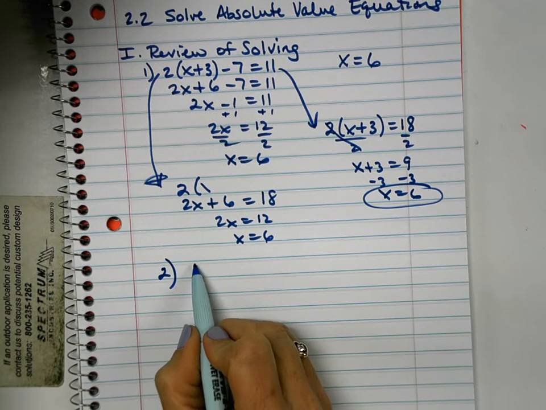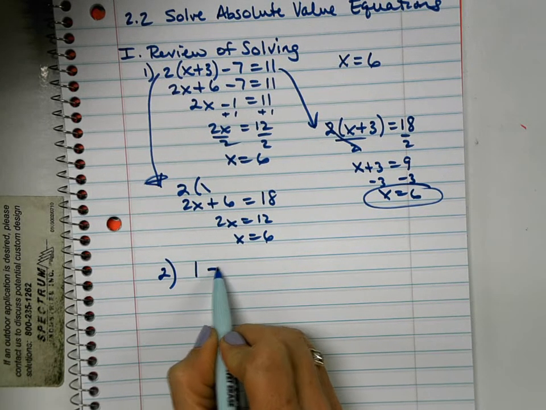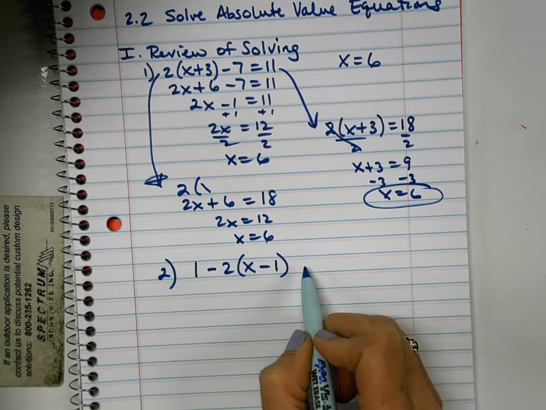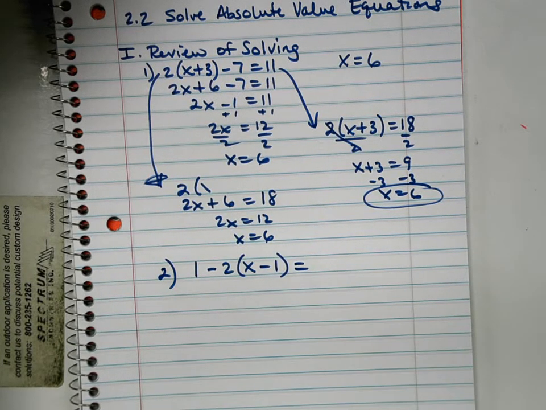Solve this one for me, please. 1 minus 2 times the quantity x minus 1 equals 9. Go ahead and solve that.